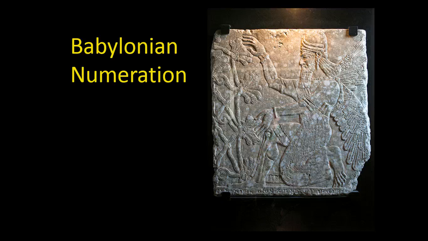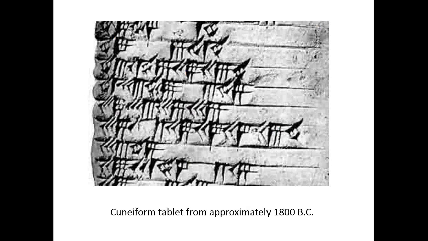So the next ancient numeration system we're going to look at is the Babylonian system. Now the Babylonians were able to write their numbers using only 2 different symbols. And here's an example of a cuneiform tablet that uses those 2 symbols to represent numbers. Now with only 2 symbols, the Babylonians had to have a place value system in order to represent numbers.